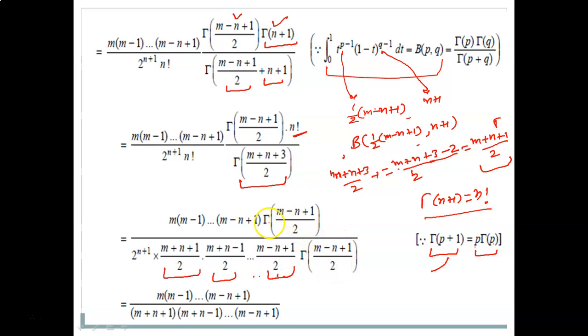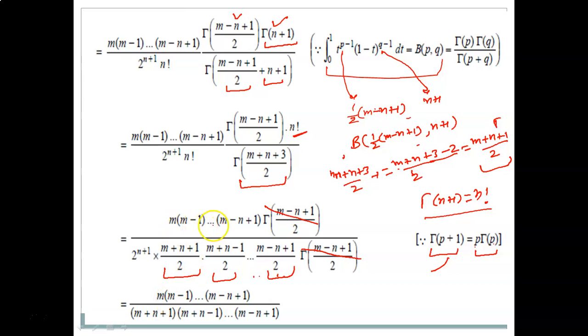Now you can see the gamma function in the numerator and the gamma function in the denominator will be cancelled out. Now you can see these 2s, it will be up to n plus 1 times. So this is 2 raised to power n plus 1 in the denominator, and here 2 raised to power n plus 1. These will be cancelled out.